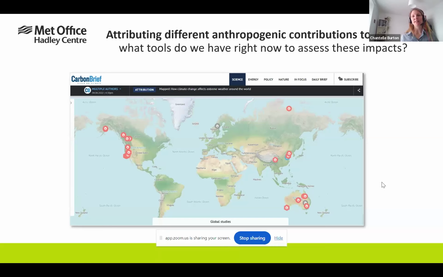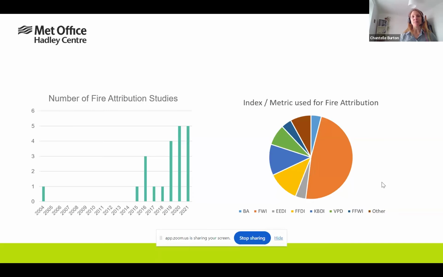So that's part of the reason, and also because it's quite a new area. I had a look at the literature a few years ago and tried to look at the number of fire attribution studies out there. You can see from the plot on the left it's a few years out of date now, so there's probably a few more. But it's really only the last few years where people have started trying to approach this question.